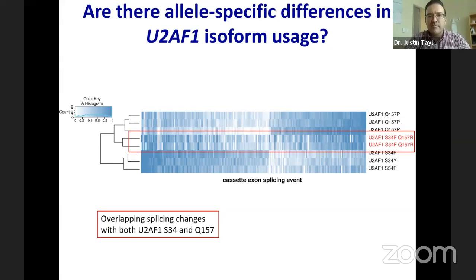So this suggests potentially, in the case of U2AF1, having these two mutations in U2AF1 may have some additive effect, that you're getting the oncogenic benefits of both of these mutations synergistically, additively occurring together.